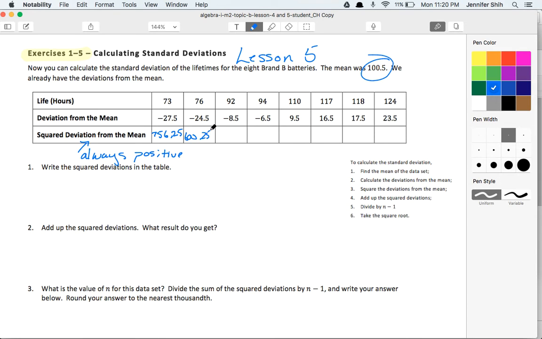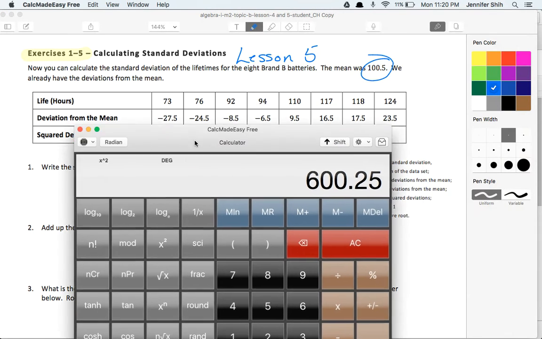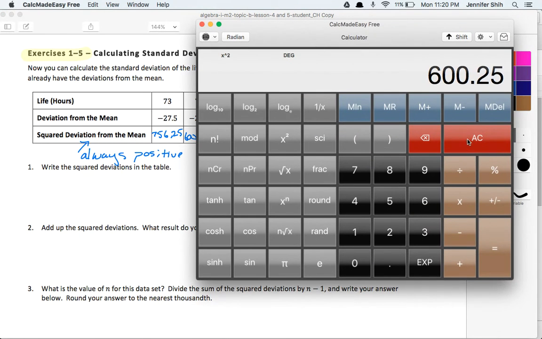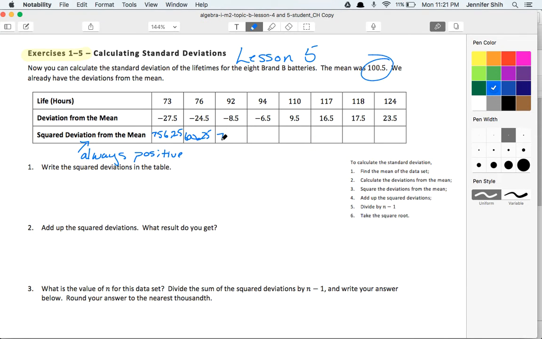If you can't read this on the screen, go punch it in your calculator yourself. I don't want to be mean, but I'm going to be mean. Okay, 8.5 squared. 72.25. Oh man, even I'm having trouble reading this.